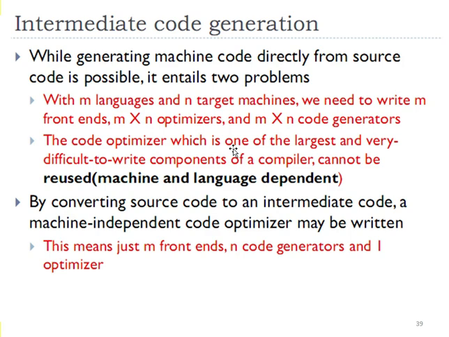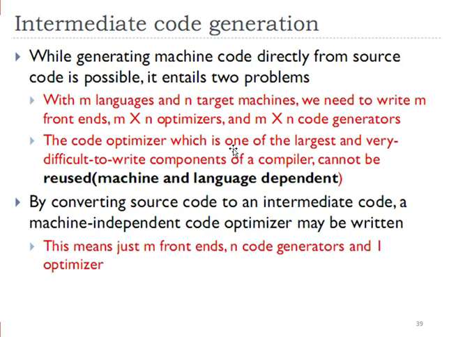And the code optimizer, which is one of the largest and most difficult to write components of a compiler, cannot be reused. It is machine and language dependent. That's why we need to develop M times N optimizers and code generators.